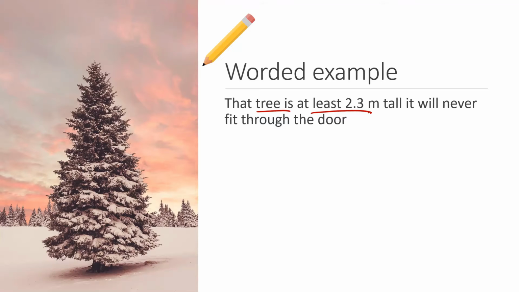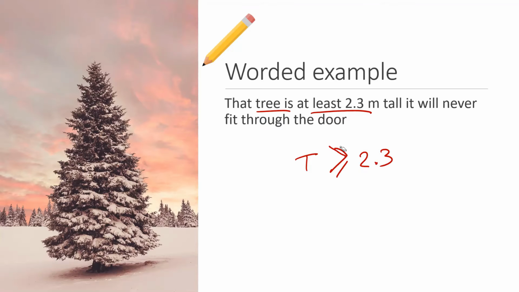So that means the tree is more than 2.3 meters tall, or it's at least equal to 2.3 meters tall. So what we do is we say T is greater than or equal to 2.3 meters. That's what that sign means.